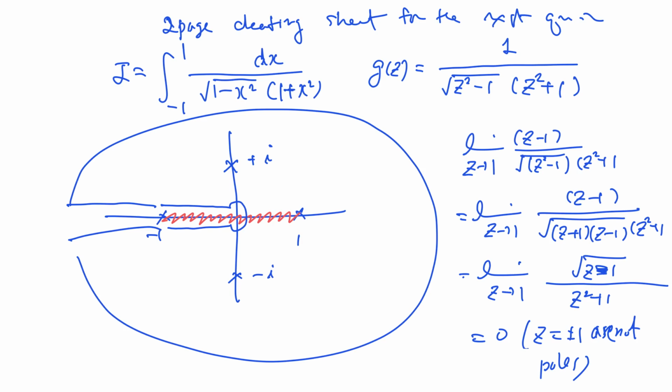But if you take a limit by multiplying z minus 1, then the z minus 1 goes to the square root of the z minus 1 to the numerator, so actually it goes to 0. So it's not a singular point. When you do this contour integration, you only need to worry about these 2 points, i and minus i.